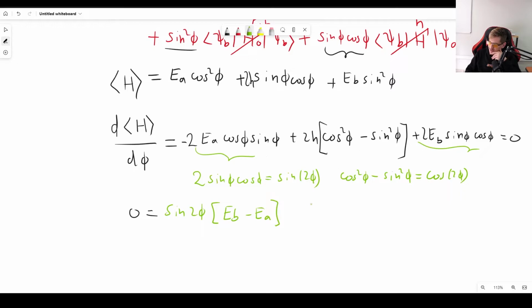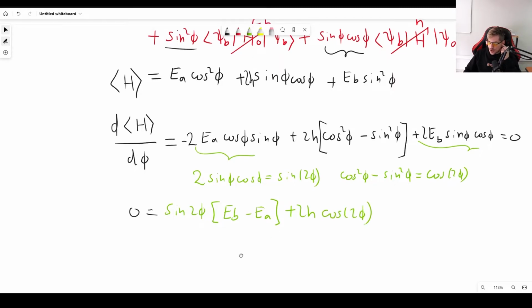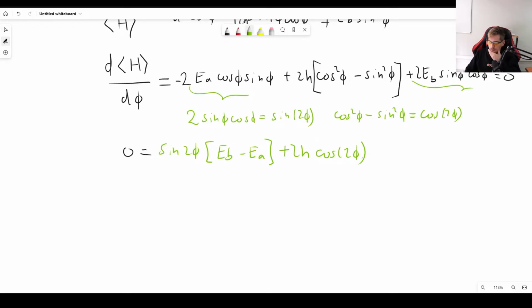And then we have this term right here, which is plus 2h, and then we have cosine of 2 phi. So now we have a trigonometric equation. So we can solve this either by finding the tangent or the cotangent. I would rather work with the tangent than the cotangent.